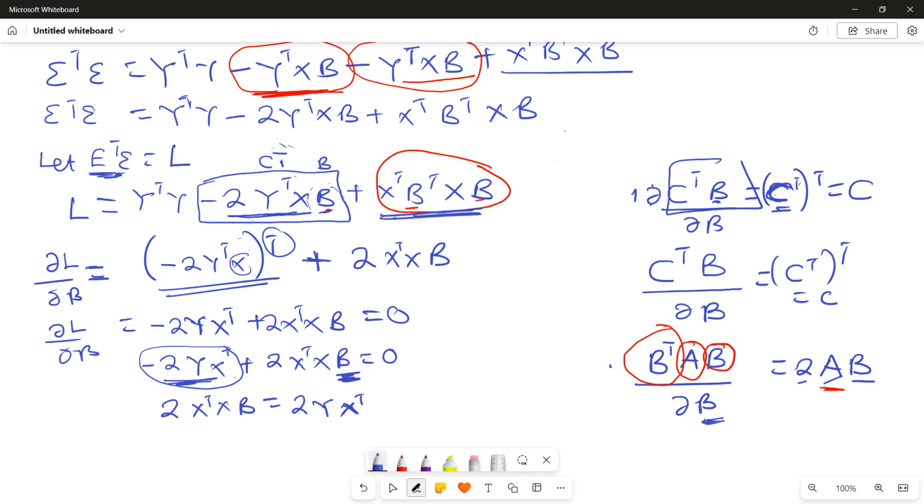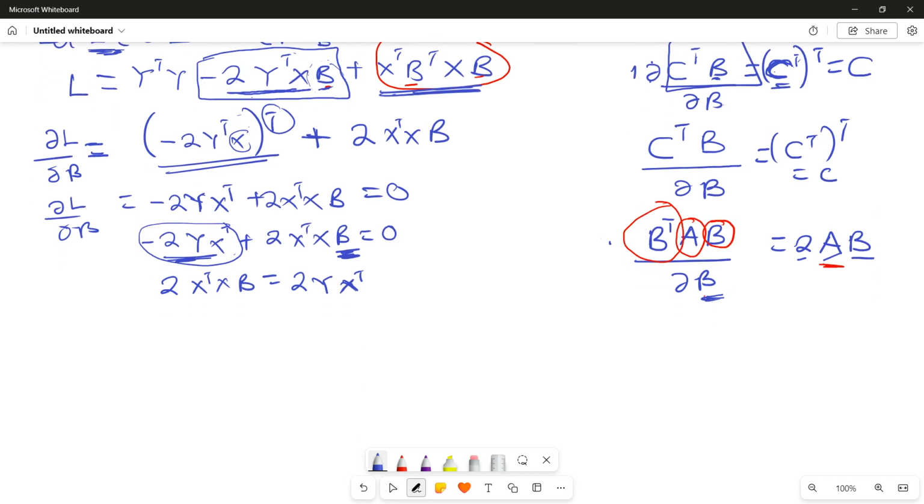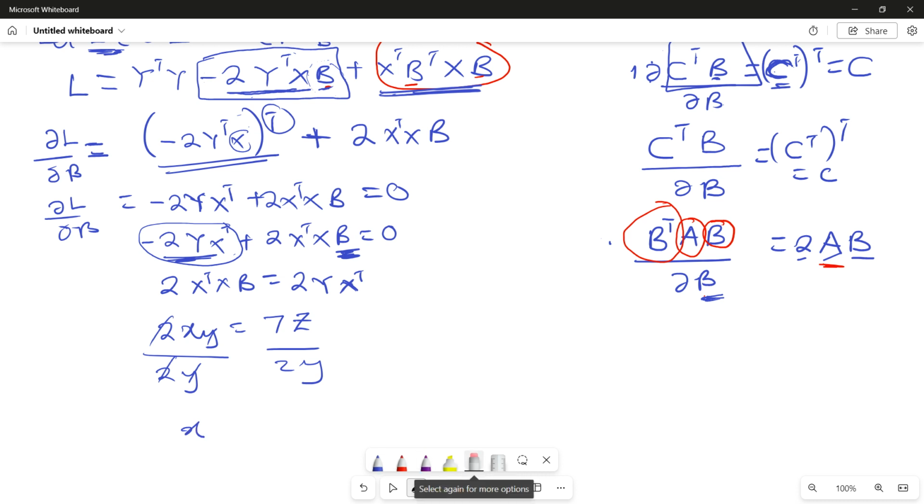Now look, if it was normal equations, like normal functions, let's say 2xy is equal to 7z, to make x the subject of the formula, we would just divide by 2y on this side, and also divide by 2y on the other side, so that those two cancel, and we remain with x as the subject of the formula. But with matrices, there is no such thing. In short, you cannot divide matrices.